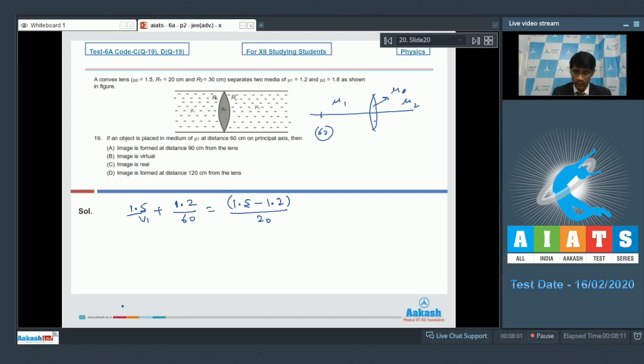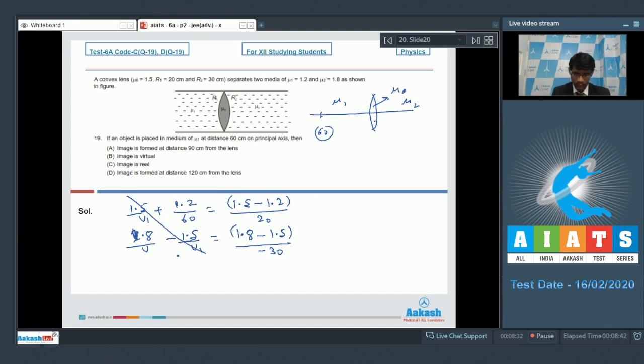For the second calculation, on this side it is mu2, that is 1.8, divided by V, the final position of the image, minus 1.5 by v1, equal to 1.8 minus 1.5 divided by R2, and this time it is minus 30.